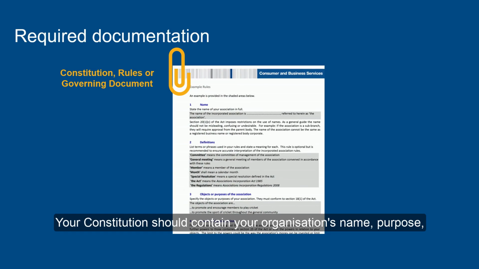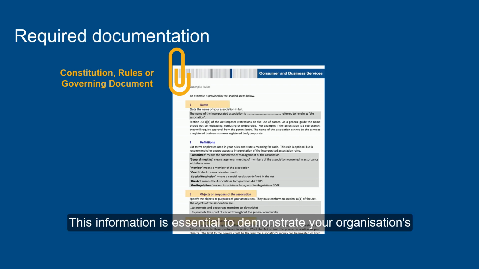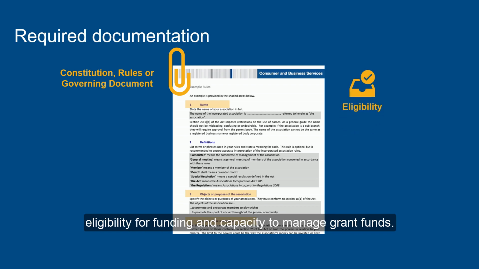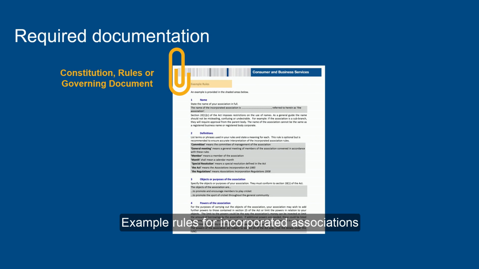Your constitution should contain your organization's name, purpose, powers, and responsibilities. This information is essential to demonstrate your organization's eligibility for funding and capacity to manage grant funds. Example rules for incorporated associations are available to download from sa.gov.au.